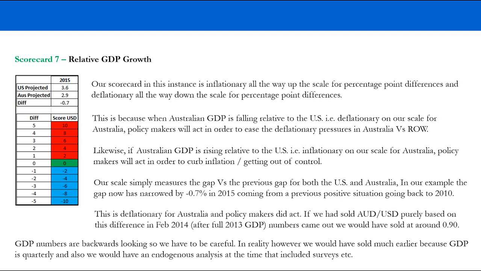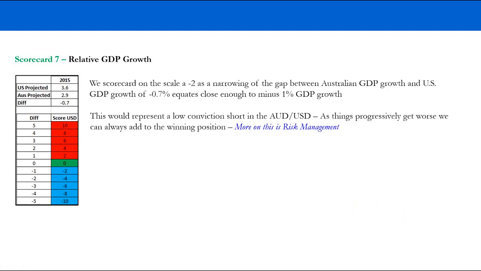But knowing how the Forex markets work, we know that we can't sell another currency without buying another. So the Aussie dollar US dollar exchange rate, when we express our view using this instrument on relative GDP of two countries against each other, we're looking at it as one asset. And the scorecard on the scale we get here is a -2.